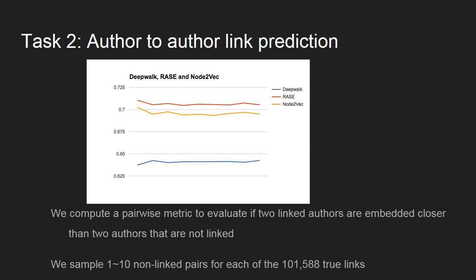To verify this, we sample 1 to 10 non-linked pairs for each link and put them into different baselines to see what the average expected rate is for different methods to rank the non-linked pairs. We could see clearly that node2vec performs much better compared with the last test, but Rase still performs the best, showing that the social connection information that we implement here could really serve our target.